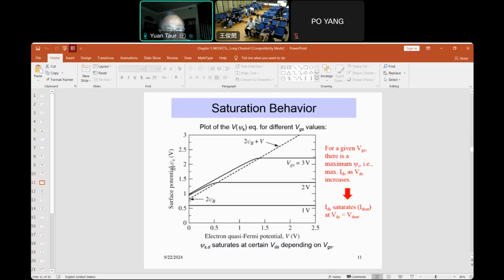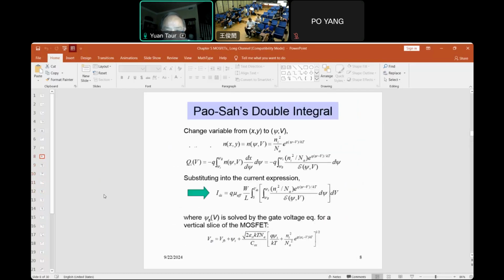This is the base. This is the numerical solution to this equation. So for a given VGS, this equation can solve psi s as a function of V.